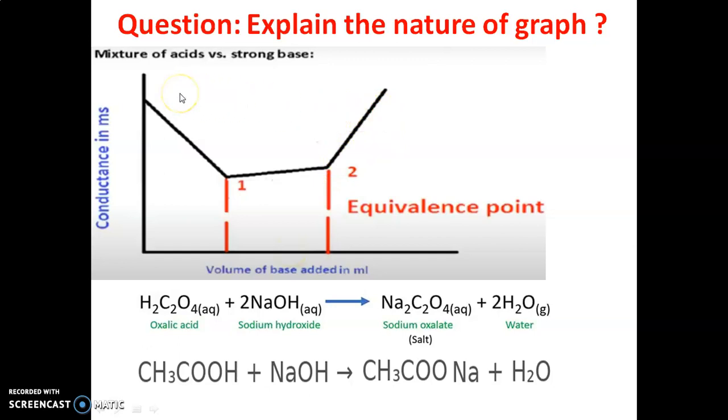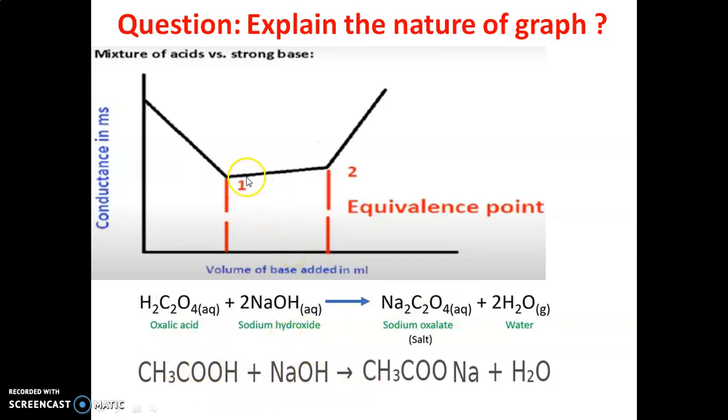In brief, the nature of the graph. Initially the conductance is very high without addition of NaOH because the solution contains fast moving H plus ions. After the addition of NaOH, the conductance decreases because the fast moving H plus ions are replaced by slow moving Na plus ions, up to equivalence point 1. At equivalence point 1, complete formation of sodium oxalate takes place. After equivalence point 1, the reaction takes place between acetic acid and NaOH.